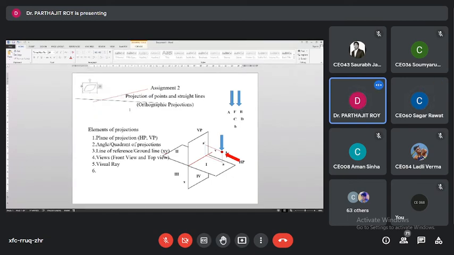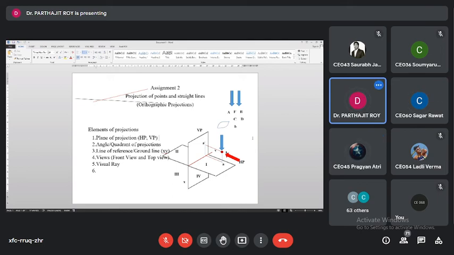Yes, sir. So assume that this is the direction, this is the eye. Your eye is occupying a position here, isn't it? Or your eye will be occupying the position here, isn't it?